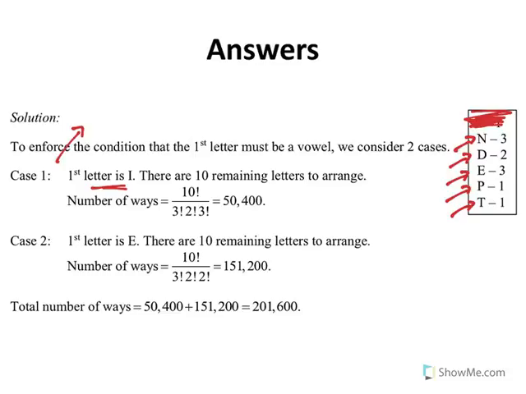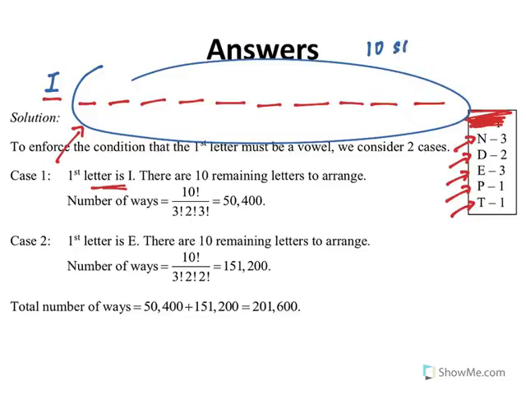Case 1 looks like that. Imagine you have 11 slots, and my first letter must be I. Over here, I have 10 slots. So it's 10 factorial over 3 factorial over 2 factorial over 3 factorial.